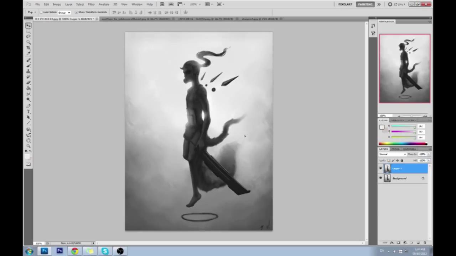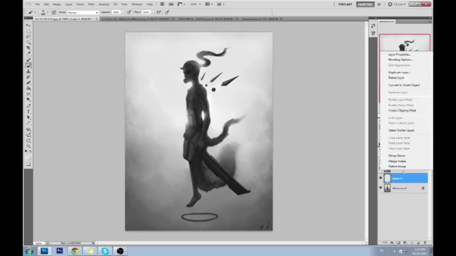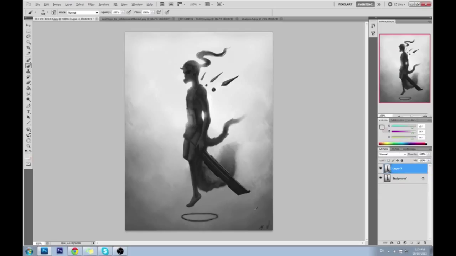So what I'm going to do now is give him some space behind him. Fill these areas up. Alright, and then frame it.